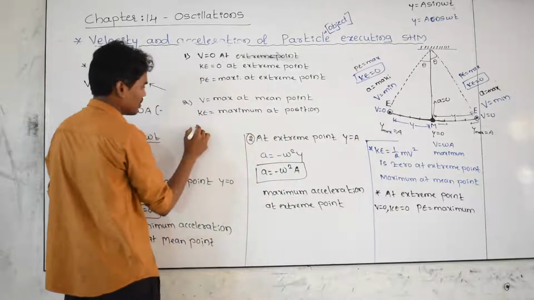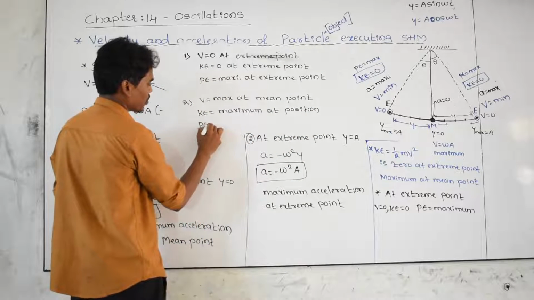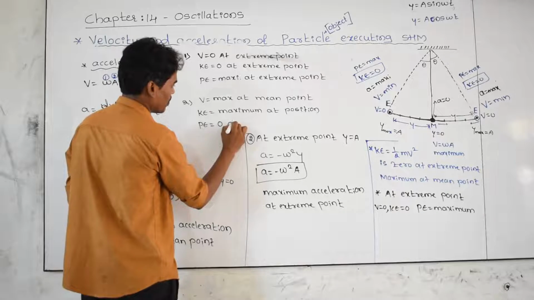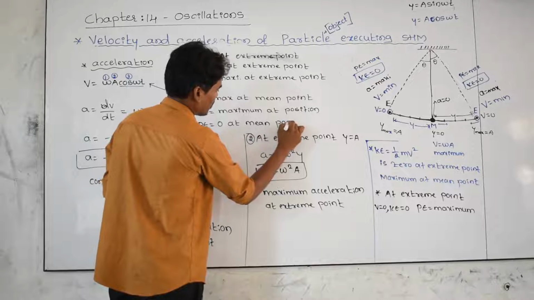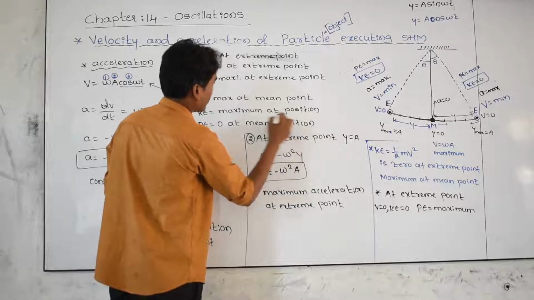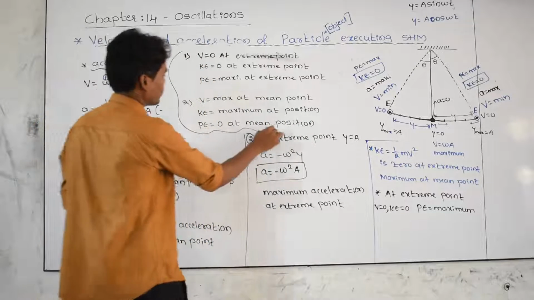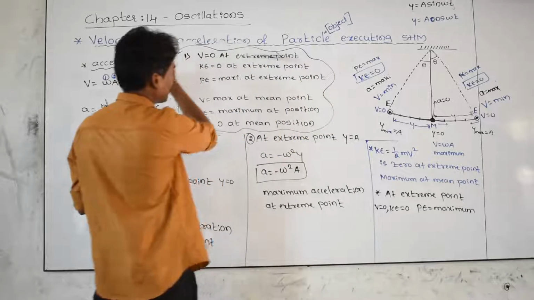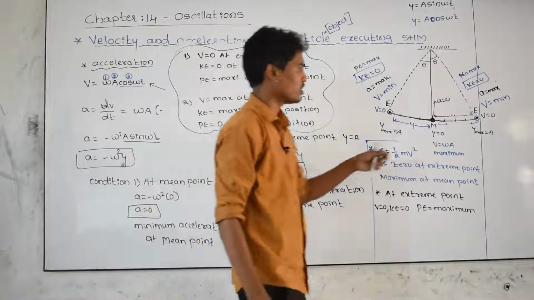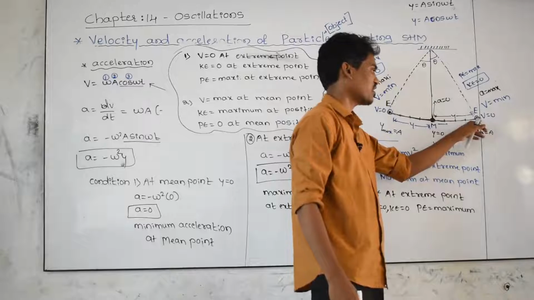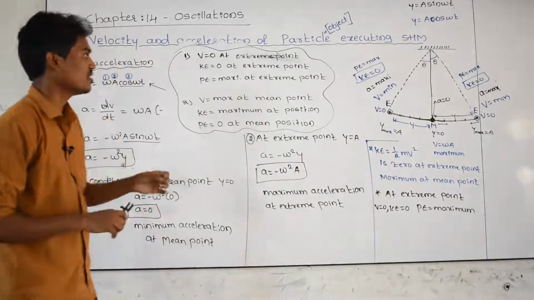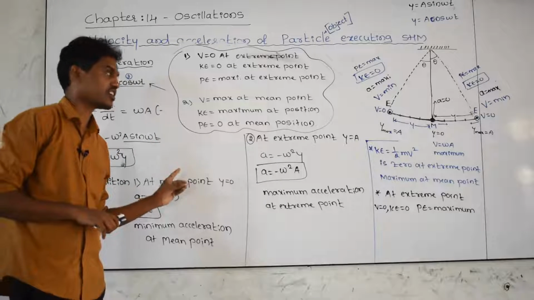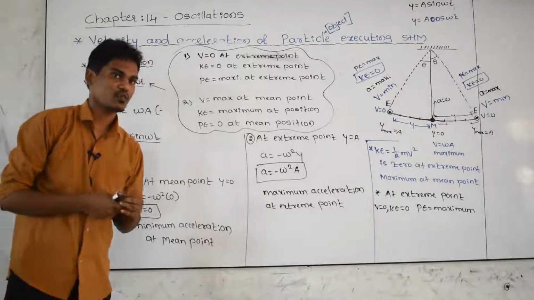And if kinetic energy is maximum, then potential energy is equal to 0 at the mean position. Remember these are the conditions. And one thing, acceleration is 0 at the mean position and acceleration is maximum at the extreme points. And please note down all these: displacement, velocity, acceleration, kinetic energy and potential energy.